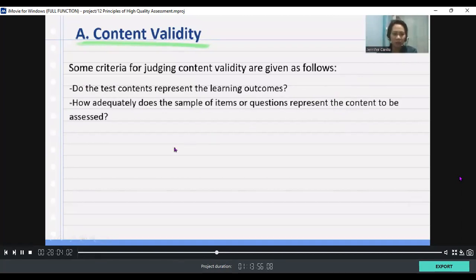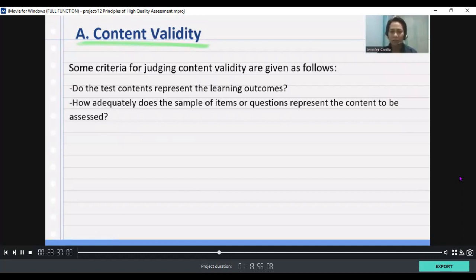Next, how adequately does the sample of items or questions represent the content to be assessed? So again, your questions should not be short. So dili pwede mag-major exam, summative test ka, dayon gamay ra kang question, 5 ra ka question. Unless if it is math. Okay, kay kung math, require man na siya og taas-taas nga time.